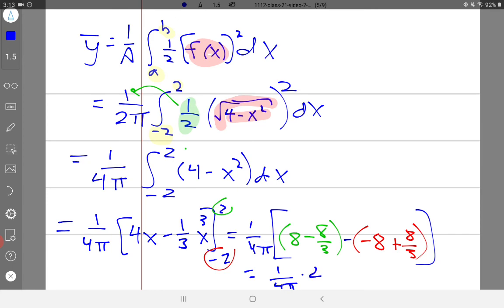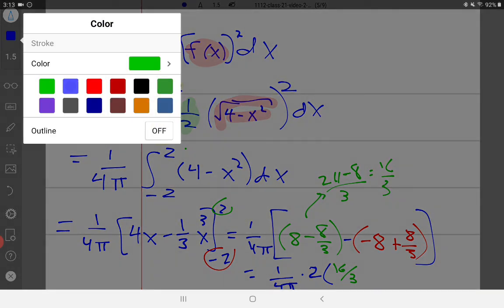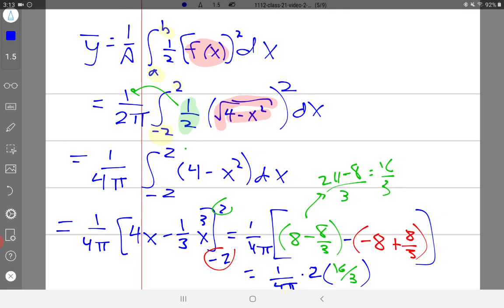So I could also write that as 2 times that green quantity of 8 minus 8/3, which is 24/3 minus 8/3. So 16/3. And therefore, let's see, 2 times 16 is 32. All over 4 is 8. That's where I'm seeing the 8 over 3 pi.